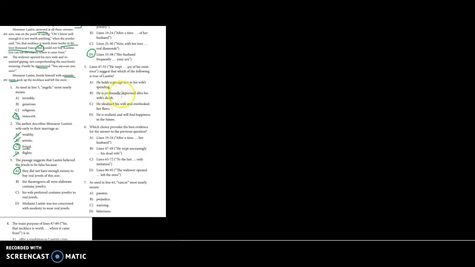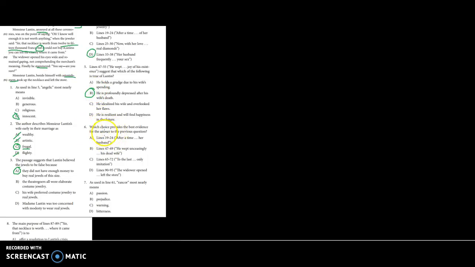He's profoundly depressed after his wife. That seems about right. He idealized his wife, and overlooked her flaws. No, that doesn't fit, because he was pointing out his disapproval of the jewelry in theater, so that's out. He is resilient and will find happiness. Well, no, doesn't seem to match with our map there. So it should be B.